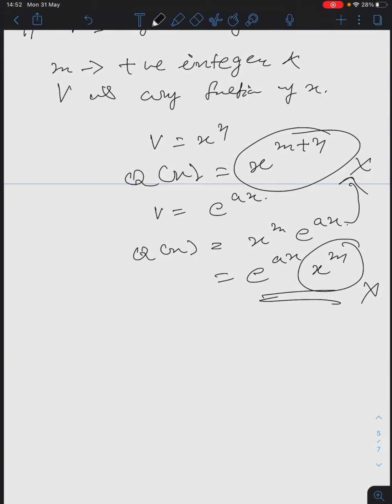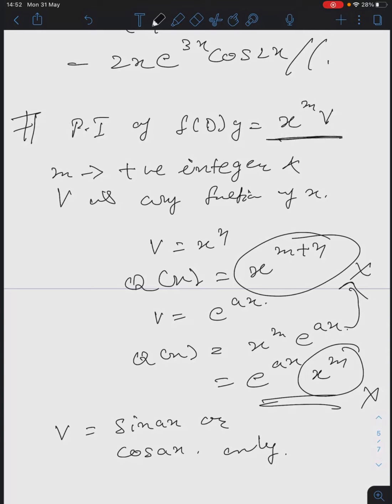Okay. So now we can assume our v to be either sin ax or cos ax. These two parts we will assume only. Then how to find the particular integral when x to the power m is multiplied with either sin ax or cos ax?